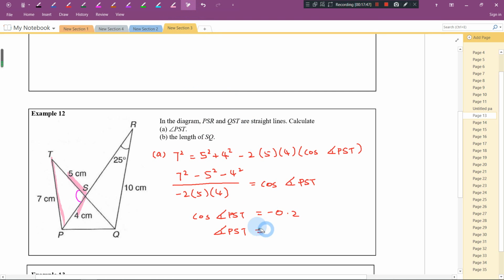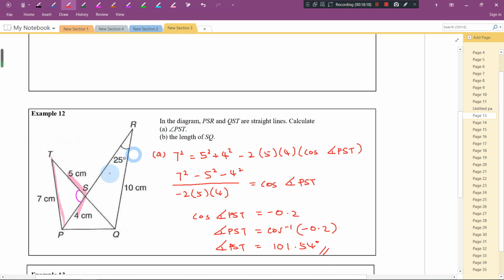before you calculate, you know that your answer must be more than 90 degrees, because you look at this diagram, you know this is an obtuse angle. So if you get an acute angle, it means that it's not correct. Shift cos negative 0.2. 101.54 degrees.